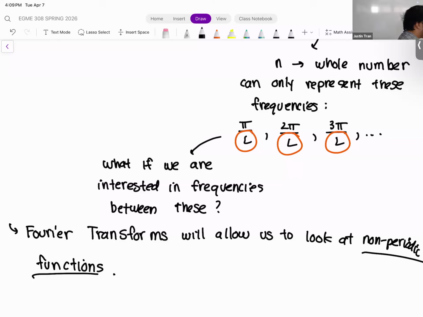Right? And a non-periodic function is one that does not repeat, right? It's non-periodic. And so you can make the argument that a non-periodic function will have a period of infinity.